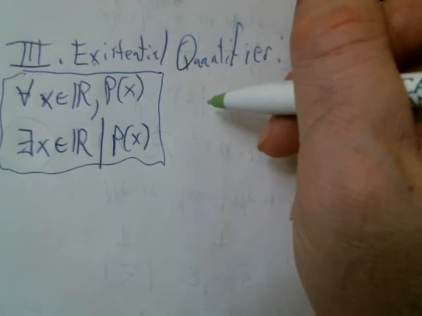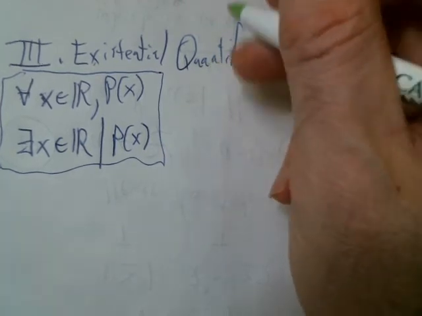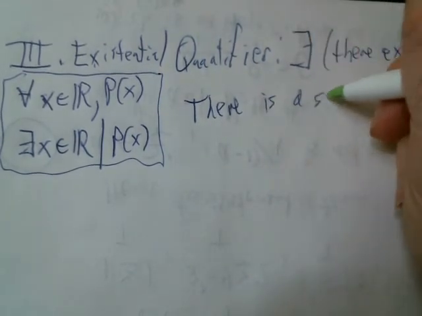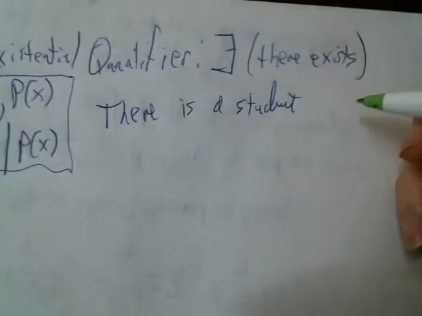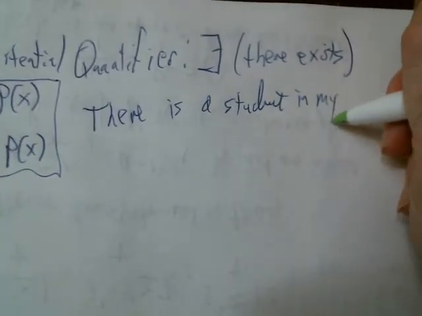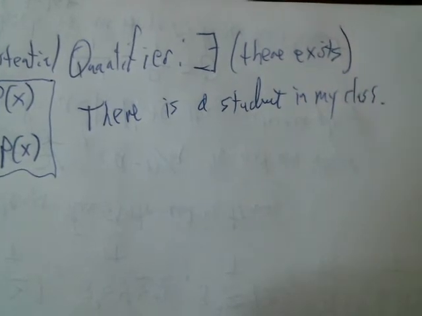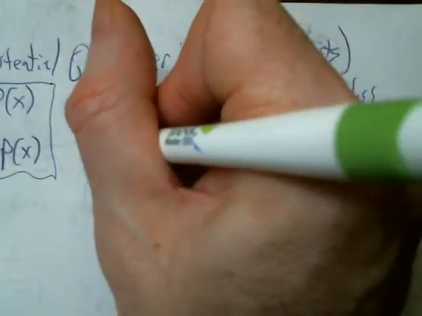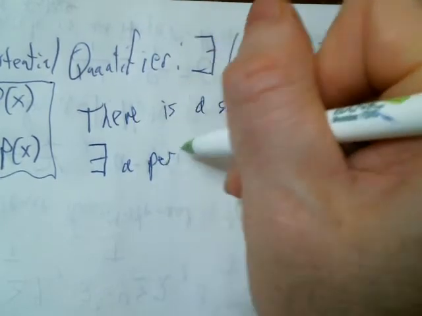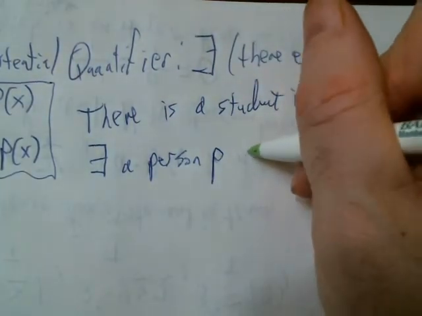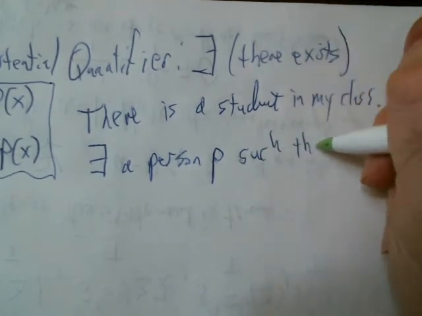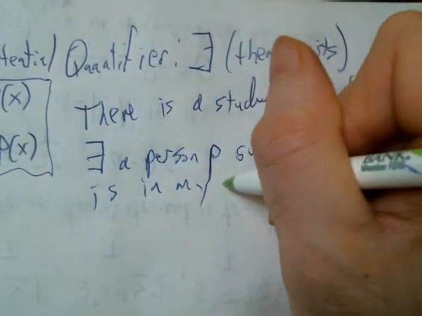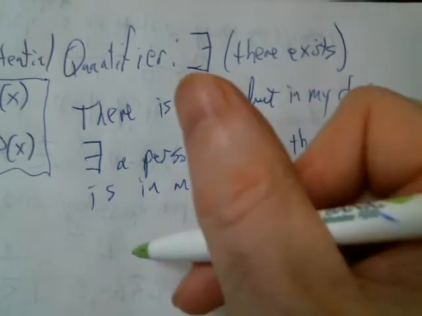Anyways, more loose versions of existential quantified statements. There is a student in my class. Then we can repetitively make it more and more symbolic. There exists a person P such that P is in my class. Then we make it more symbolic.